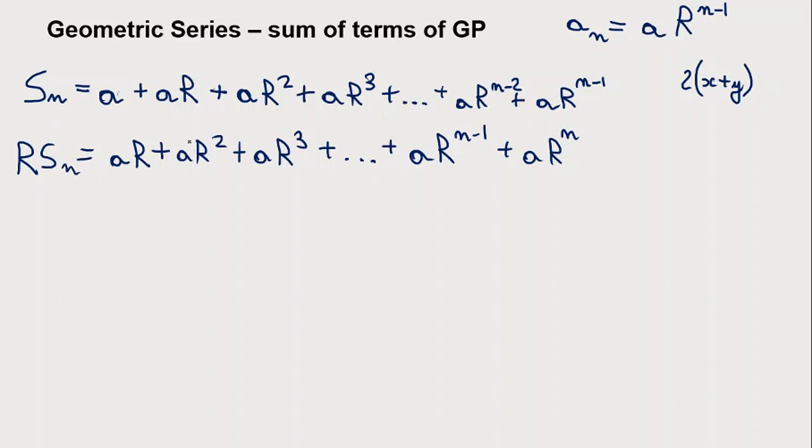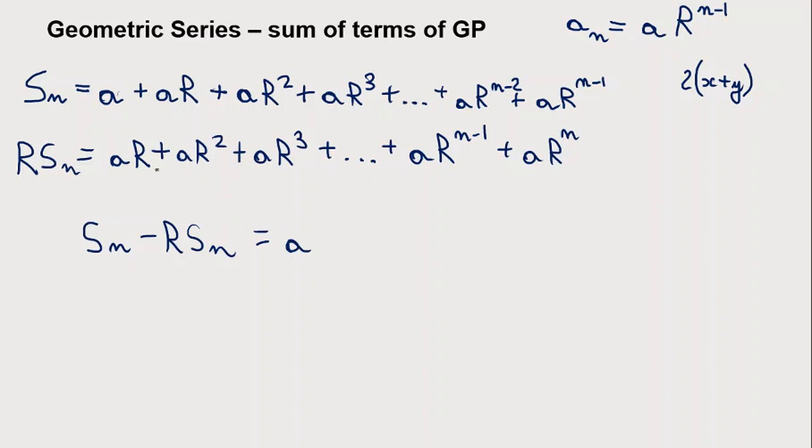Now, why this is helpful is because now I can do Sn minus r Sn, which means I have to take away the second line from the first. So a will definitely remain after I do that.